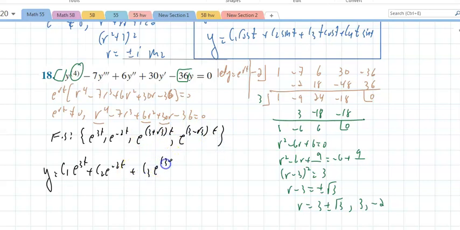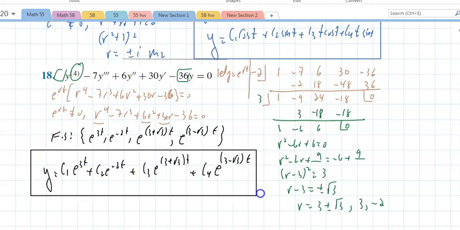And you could put those in any order. It doesn't matter where c1, c2 come in, because when you find those coefficients, the answer will be the same regardless. That would be my general solution. And this is, of course, the homogeneous.